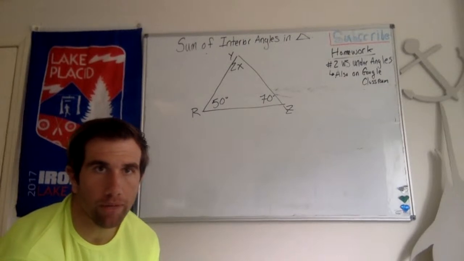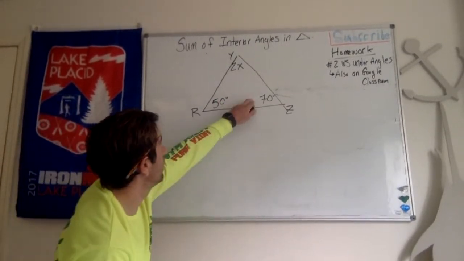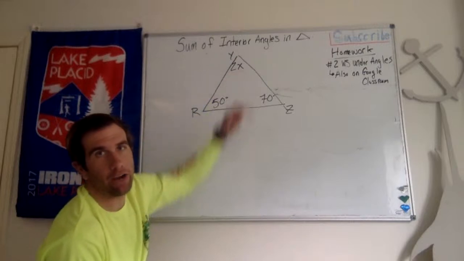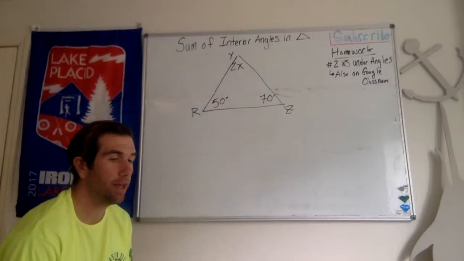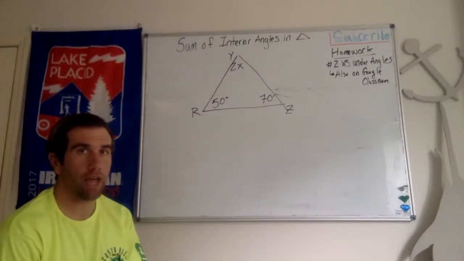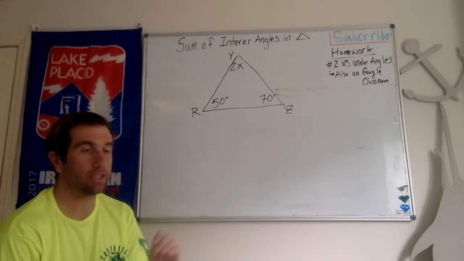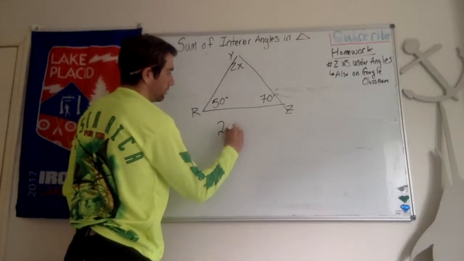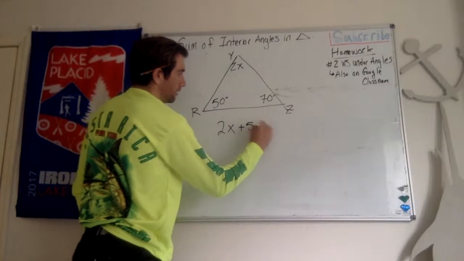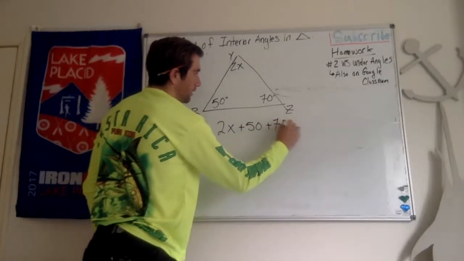What's the issue here? Now I don't give you just numbers, I put a variable in here, kind of throw you guys off. But listen, go to your triangle theorem, right? The 3 angles in a triangle equal 180 degrees, the sum of them. So you just go 2x plus 50 plus 70 equals 180.